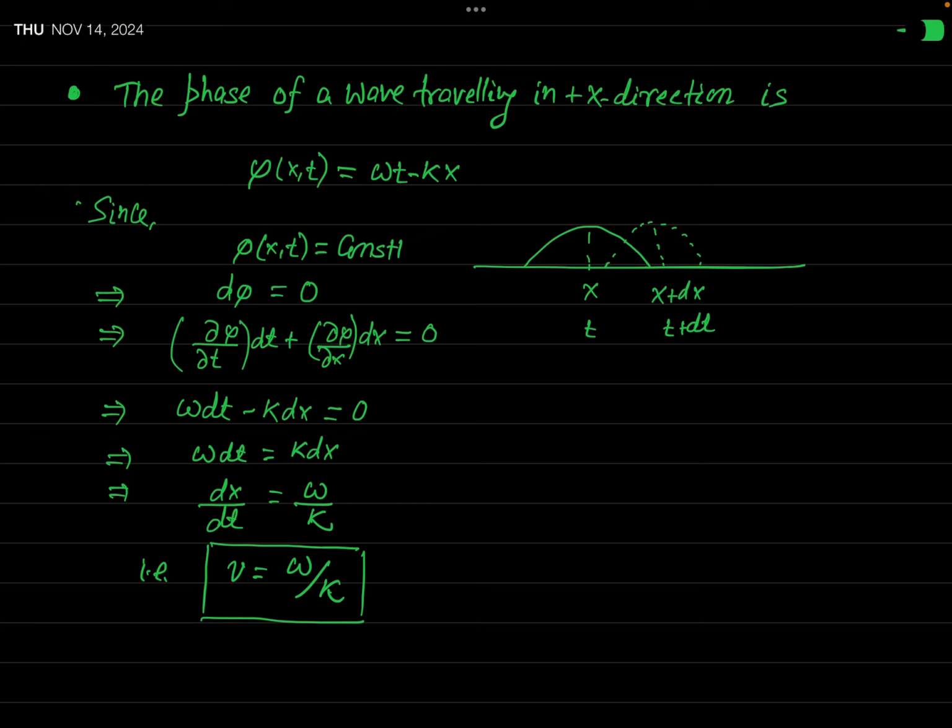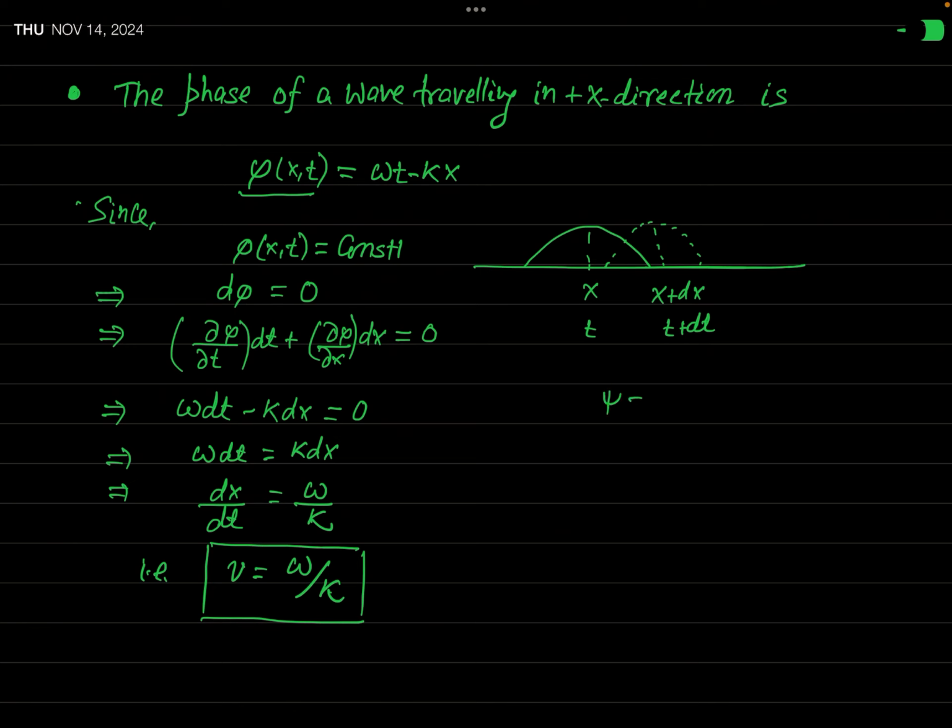Because you know the total phase, which is actually phi of x,t, the total phase of a harmonic wave is defined as the argument of the sine or cosine function.